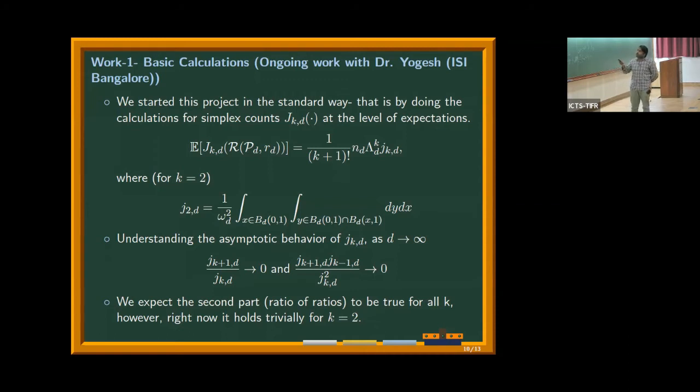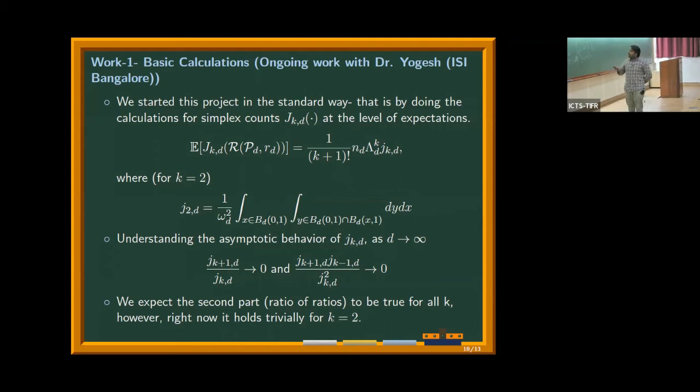We calculate the expectation of simplex counts, and we have a nice expression: n_d times 1 over (k+1)! times (n_d lambda_d)^k times J_{k,d}. Now in fixed dimensions, this J_{k,d} is just a constant, so one need not worry and can throw it away. But in the high dimensional setting, we need to study what happens to this J_{k,d} as d goes to infinity.